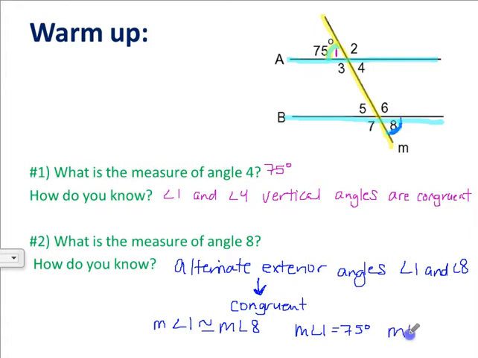Therefore, what do we know about the measurement of angle 8? It also has to be 75 degrees. So again, we are taking time to not only state what the missing measurement is, but back up our answer and give evidence of how we are able to figure that out.